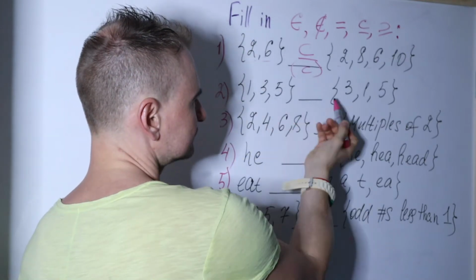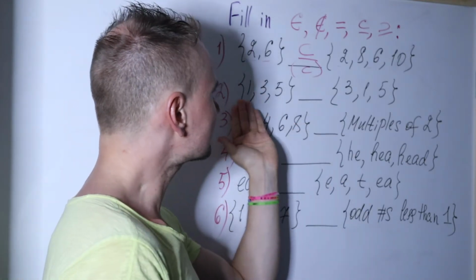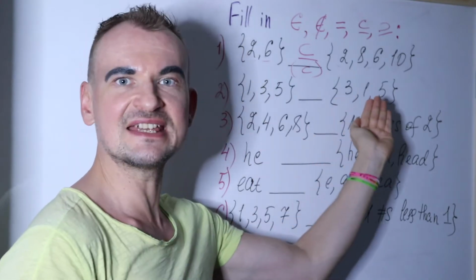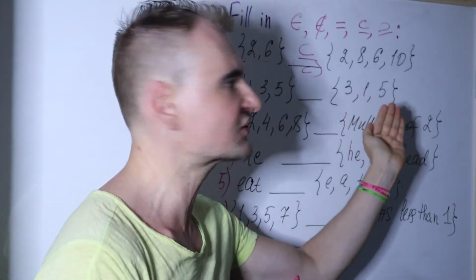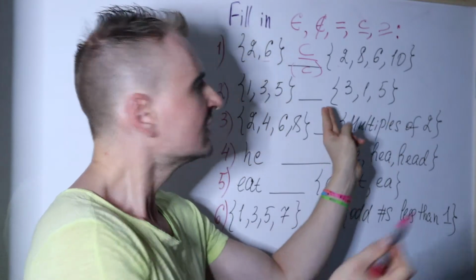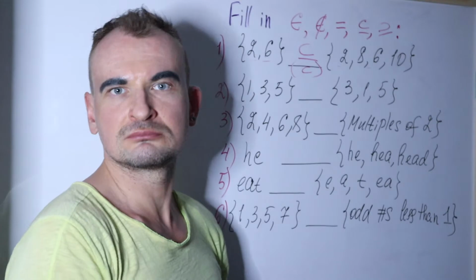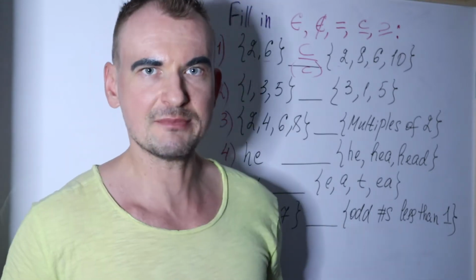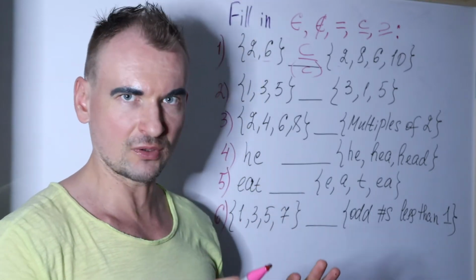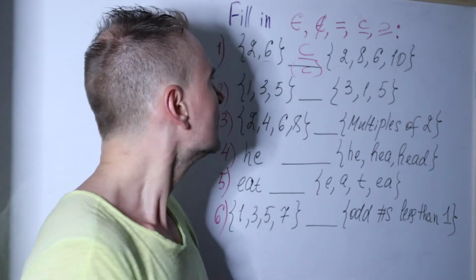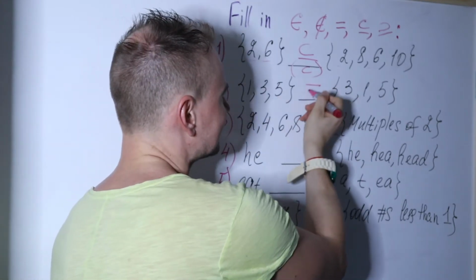Moving on. Since the first set is precisely the same thing as the second set, just with the order swapped, and we could list elements of a set in any order we like, it's basically the same set.